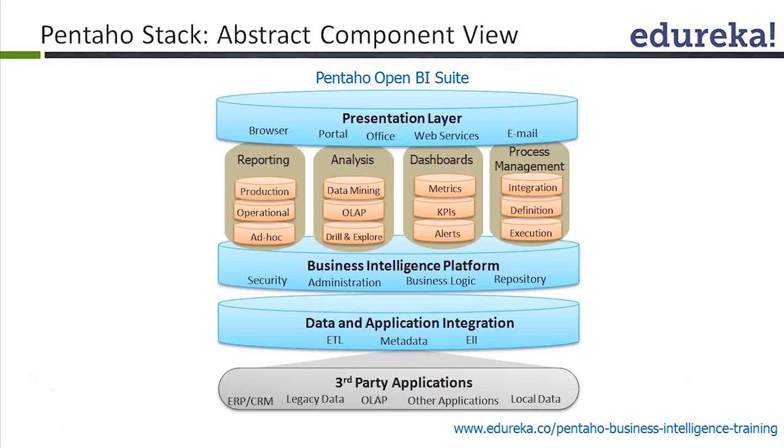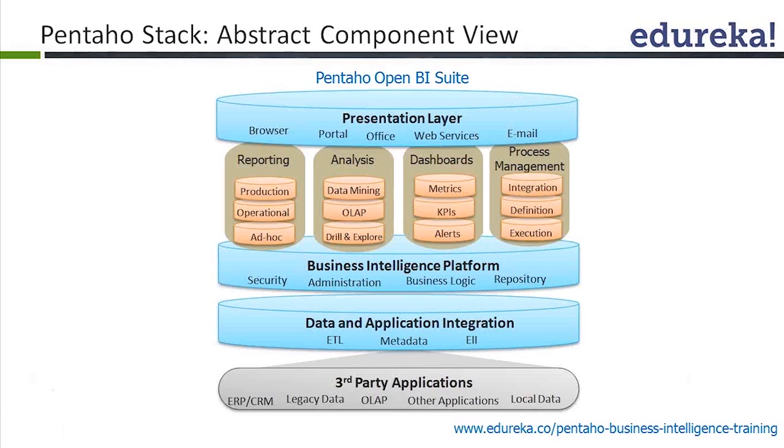So that's where marketing companies kick in. There are companies like Nielsen and IMS. These companies keep feeding data to these beverage companies. Now, third-party applications. Let's say Nielsen is feeding the data. So that is our third-party application, third-party data source.